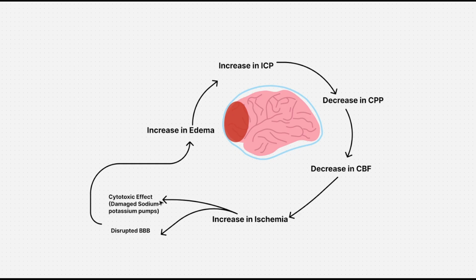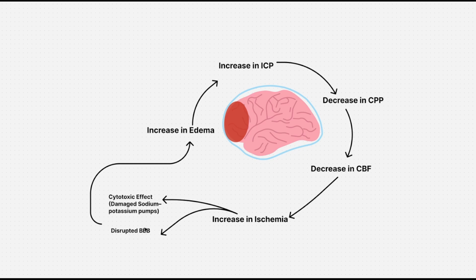The cerebral cells have sodium potassium pumps, and these pumps require energy. So if they're damaged, there won't be a proper regulation of ions inside and outside the cells. This, alongside a disrupted blood-brain barrier, can lead to edema.